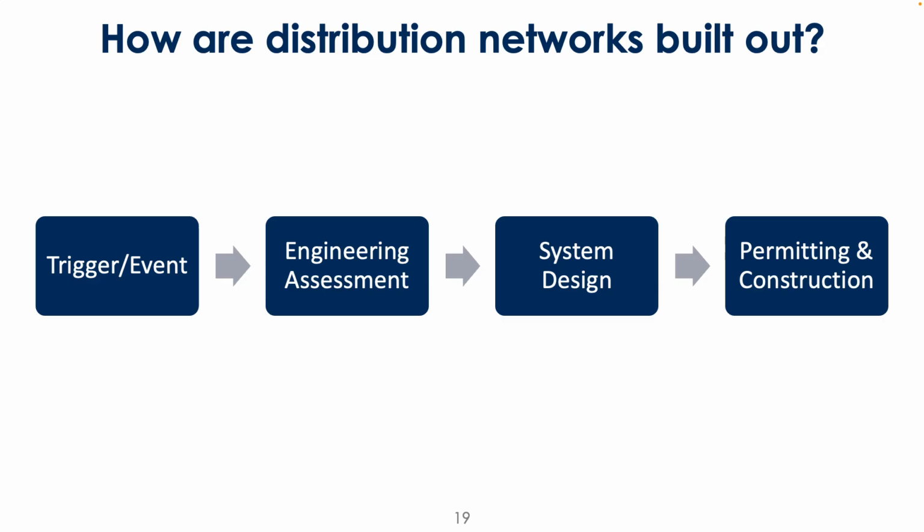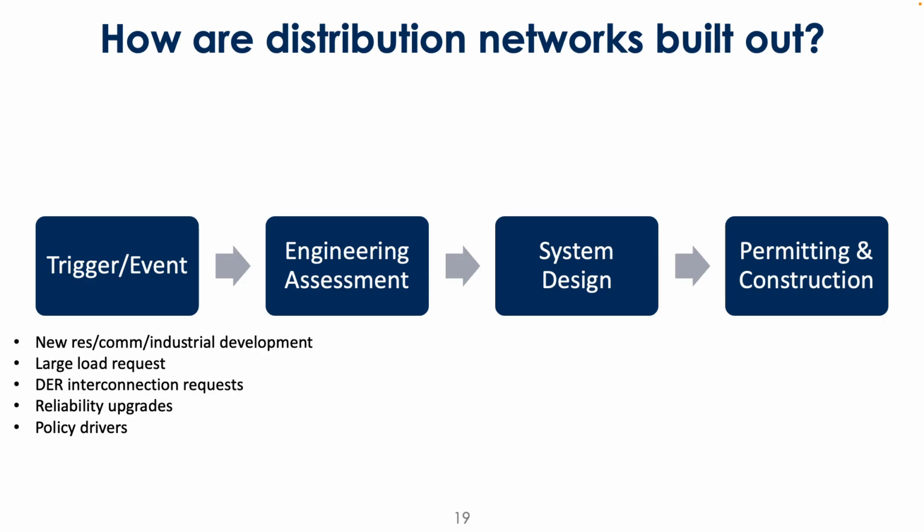how is a distribution network built out? I think of this deployment across several phases, right? There's some kind of trigger or event that is essentially, hey, I need more electricity in this particular location. So maybe you have a new neighborhood getting built up, or a new campus building, and you need electrical capacity to serve it.